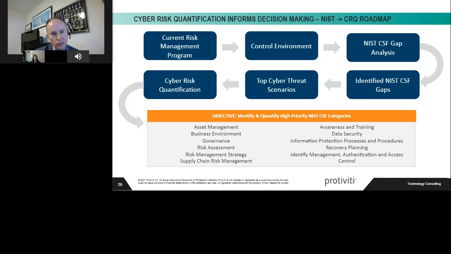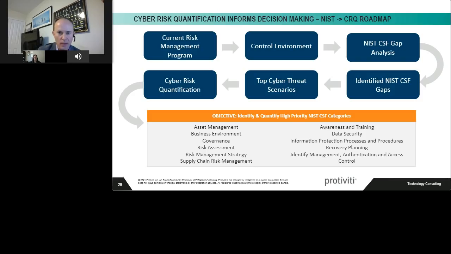So we'll typically see a current risk management program. They have a controls environment. My organization does a lot of NIST CSF gaps analyses and things like this, where we go in and we say, here's the top gaps, here's the top findings, here's your maturity. We identify gaps, and we tend to take those and roll them into top cyber threat scenarios and do cyber risk quantification on those. And NISTIR is saying the same thing.